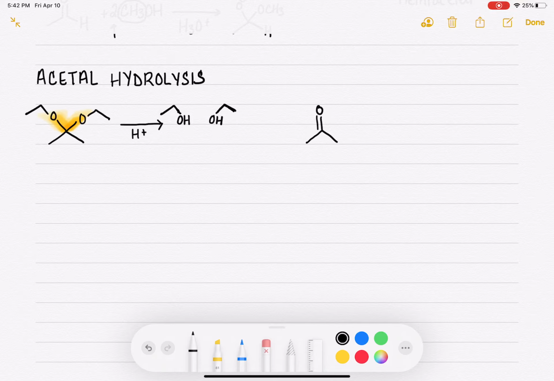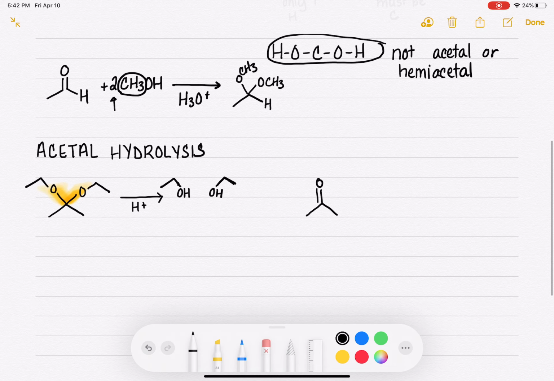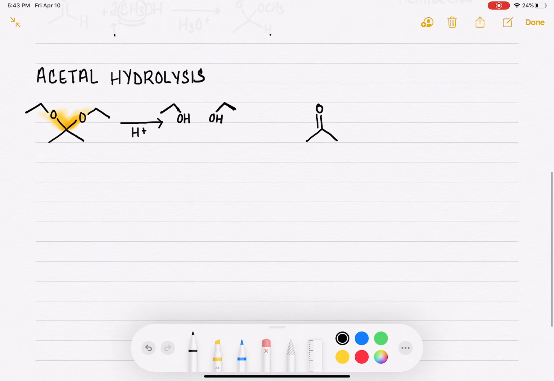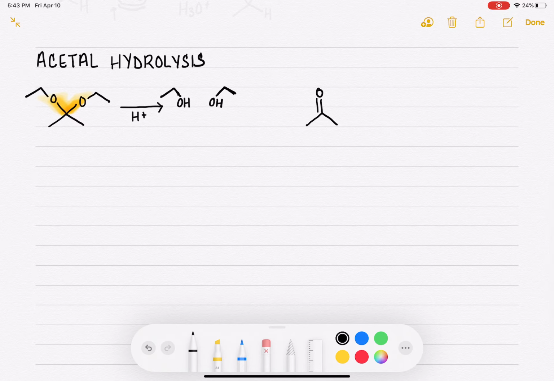Remember, when we were doing this reaction in the forward direction, we were just focusing on the carbon chain, and we were ditching these OH groups in the process. So now we're just putting those OH groups right back on again. That's not too bad, although I know that when I'm just explaining it and showing you how to do it, it makes it feel a lot easier than it is when you start doing it yourself.